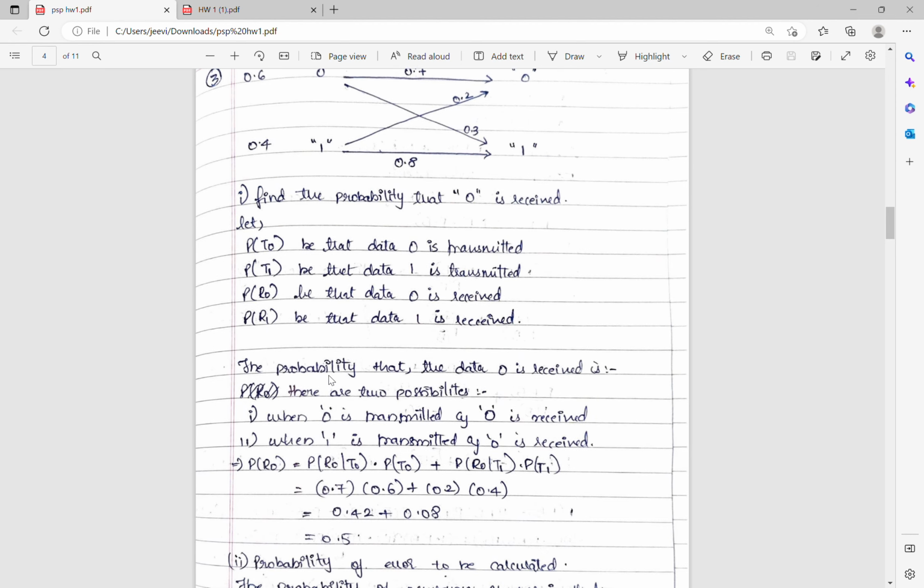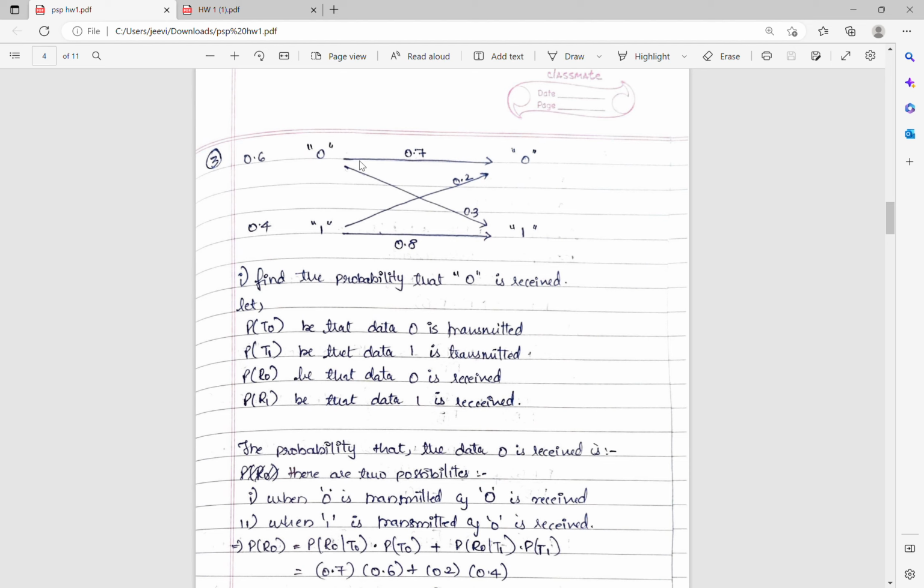Now the question states that we should find the probability that the data 0 is received. Data 0 can be received in two ways: when you transmit a 0, you receive a 0, and when you transmit a 1, you receive a 0.